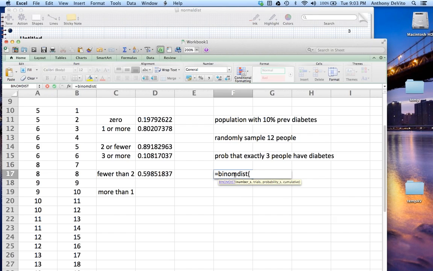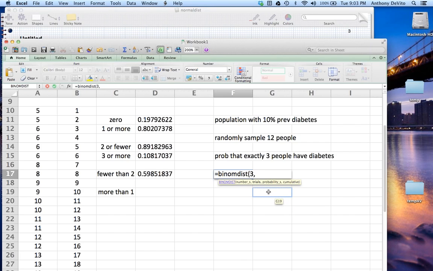When I type the open parenthesis, Excel helps me out. It wants to know the number of successes, which is the number of people you chose randomly that meet your criteria. In this case, success is having diabetes. That would be 3 people.